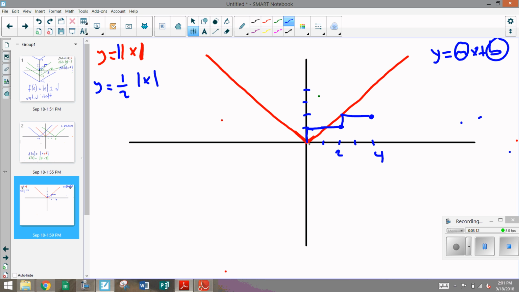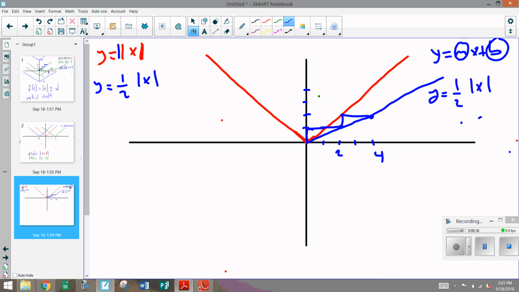So I'm going to connect these points now. We call this one y is equal to 1 over 2 absolute value x. Is that clear? And this is the right wing. It's not hard to draw the left wing. You can also do the negative slope, negative 1 over 2.